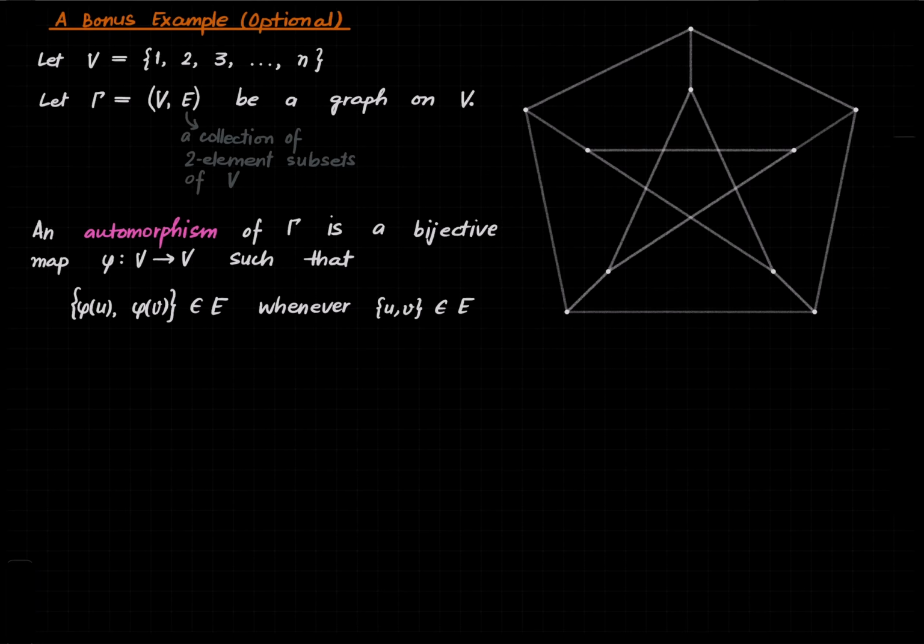So here is an exercise if you're interested in this example. Let Aut gamma be the set of all the automorphisms, all bijections from V to V, such that phi is an automorphism of gamma.